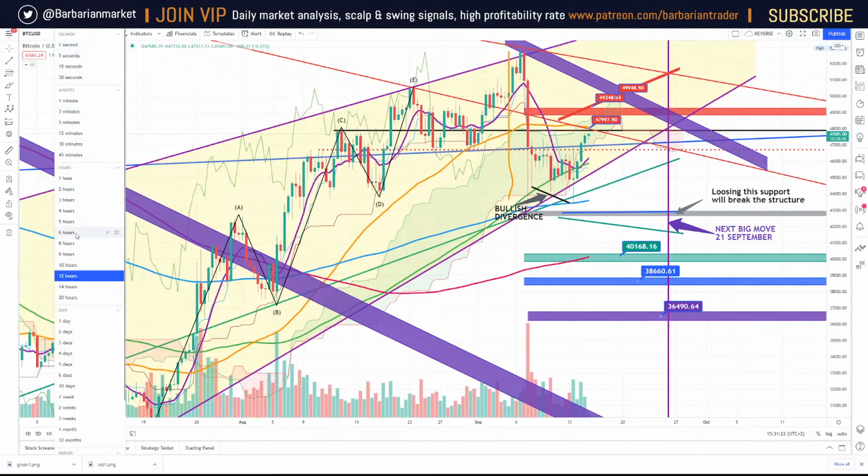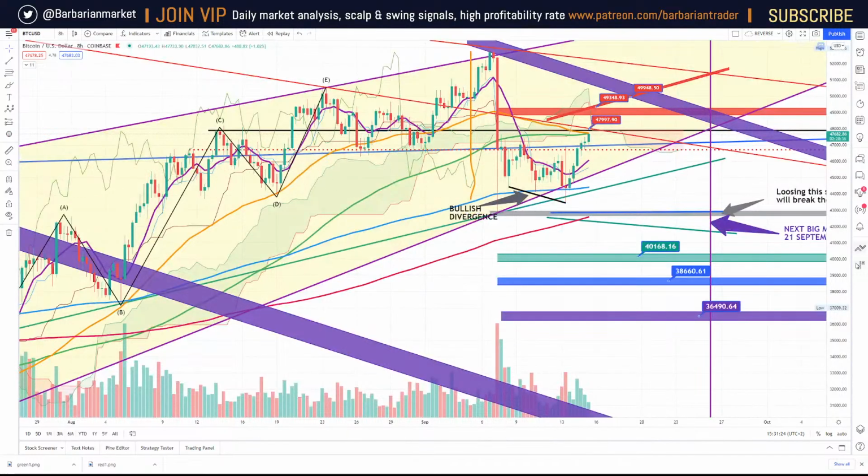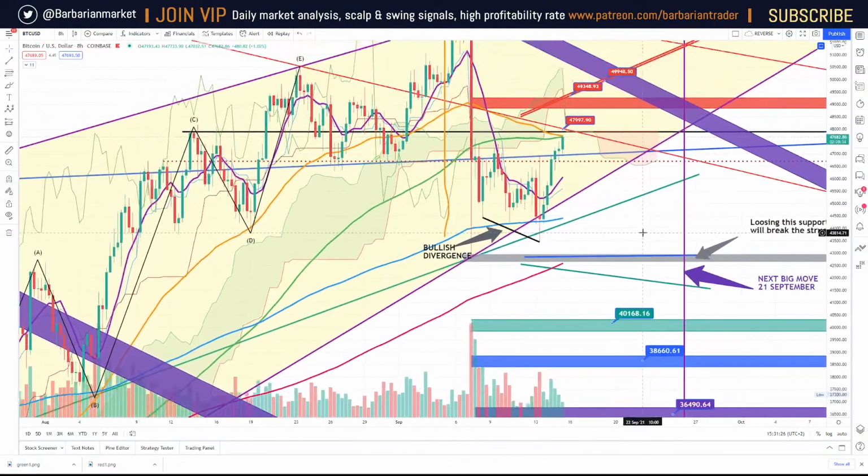As if we look at 8 hours, we just came to 50 moving average and 100 moving average. So they're about to cross, which might put some selling pressure on the Bitcoin.